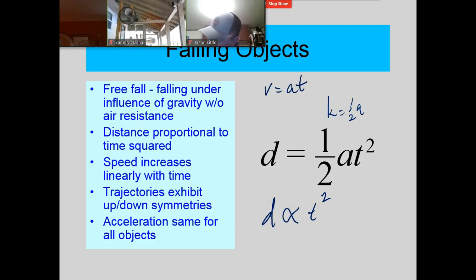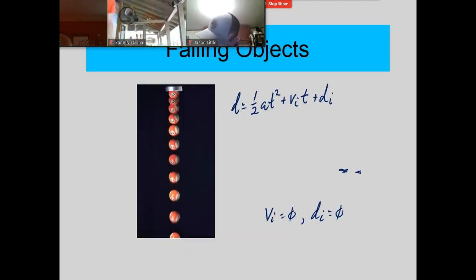Now, and this is what I was talking about before, trajectories exhibit up and down symmetries. If you had thrown the ball upward, straight upward, with exactly the right initial velocity, it would go up, touch the thing at the top, and then come back down. The picture would look identically the same. You can't tell if this was thrown up or released from rest.